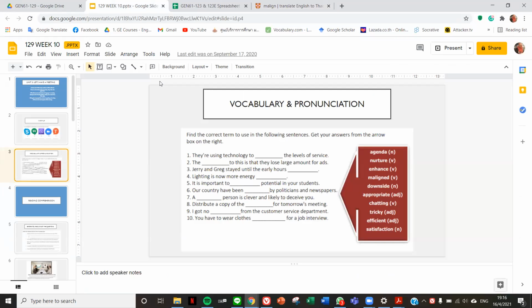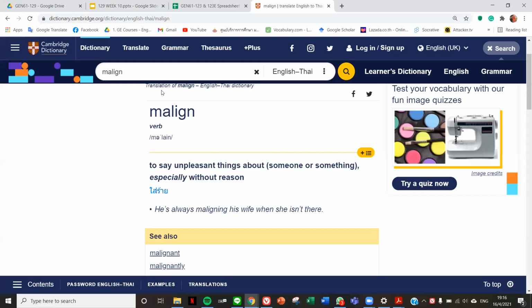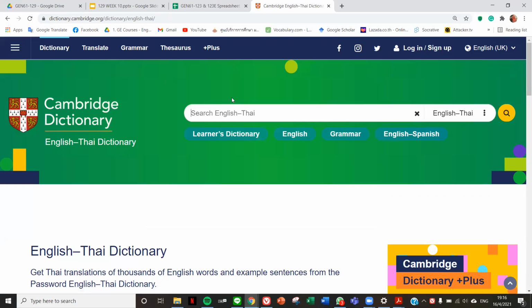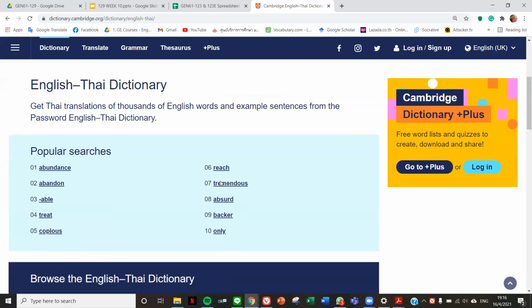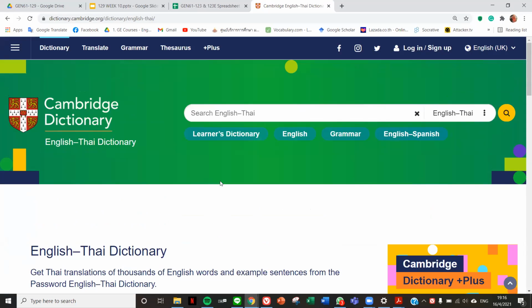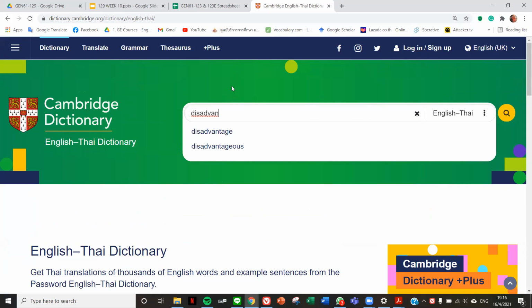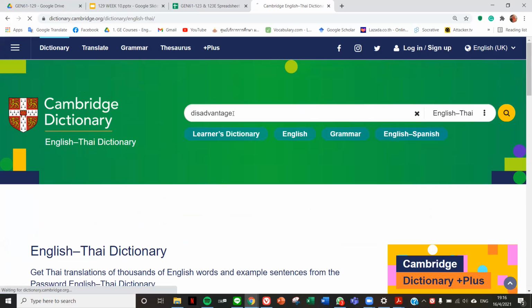Next, we have downside. Downside is actually like disadvantage. It's not here, but downside simply means disadvantage. What's the downside of smoking?